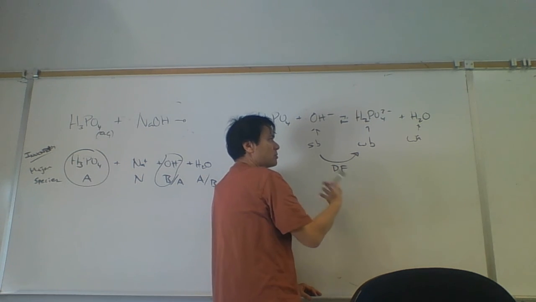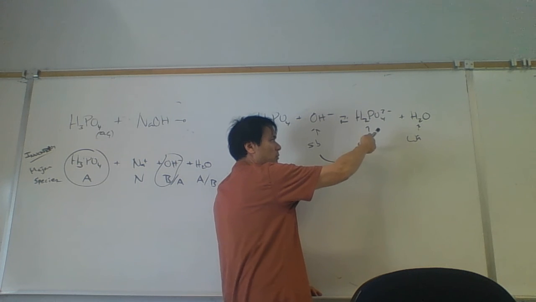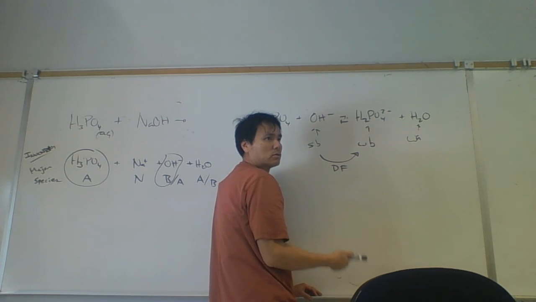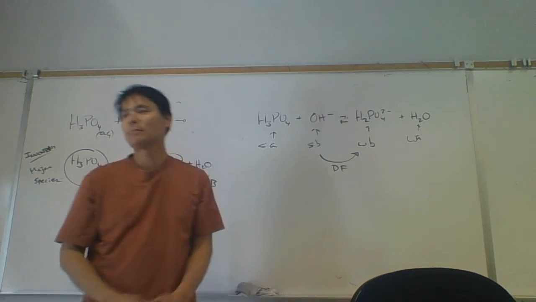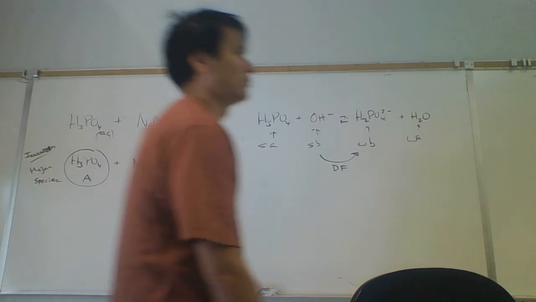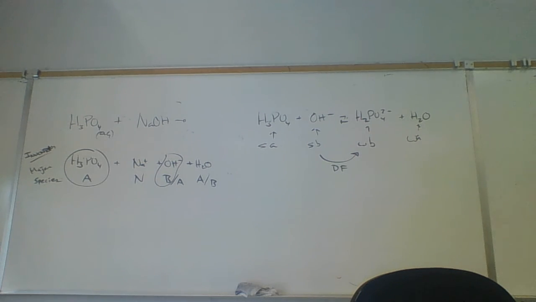But if there's extra hydroxide around, its role changes depending on what it's surrounded by. And so that's what I mean by this statement here. What I mean by this statement is repeat to determine if further reaction occurs.